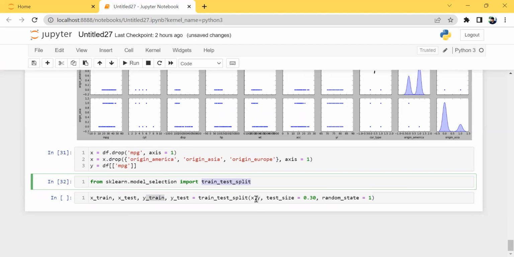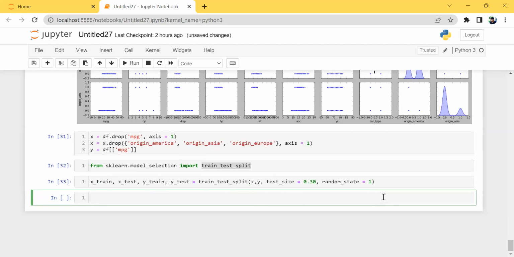I'm passing all my independent variables, that is X, and the dependent variable, that is Y, and I'm saying my test data should be 30%, and my training data should be 70%. I'm assigning random state equal to 1. If you assign random state equal to 1, every time you run this you won't get different values. The data would be split in an appropriate manner, right?